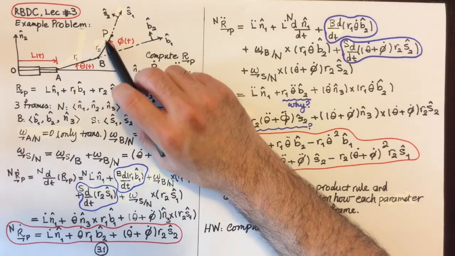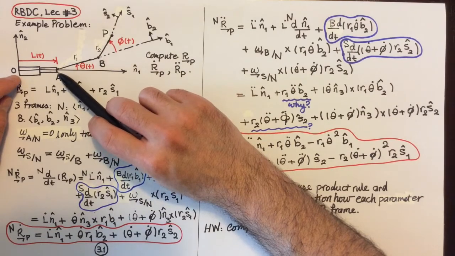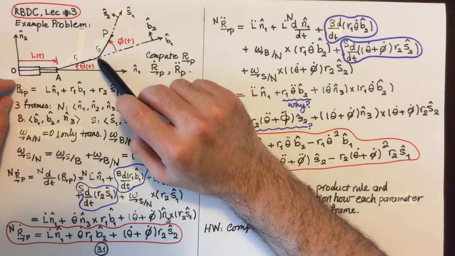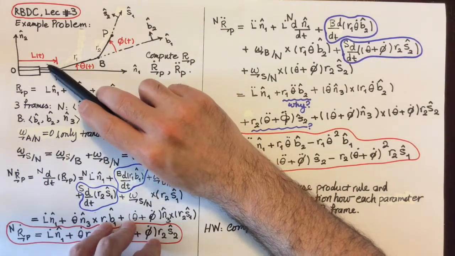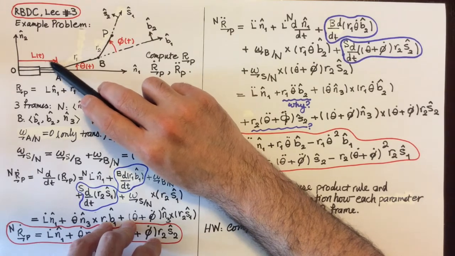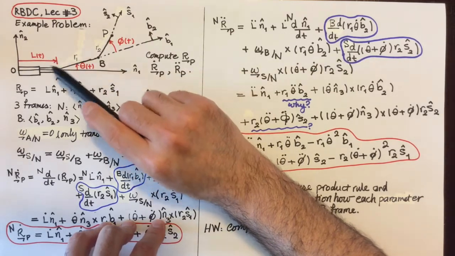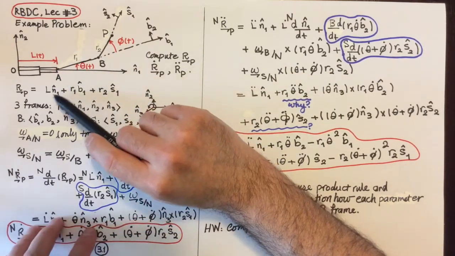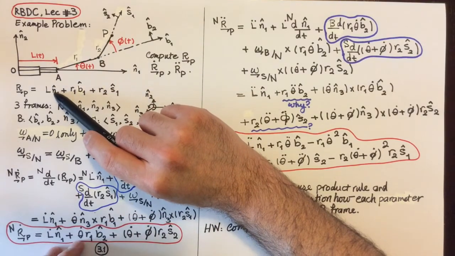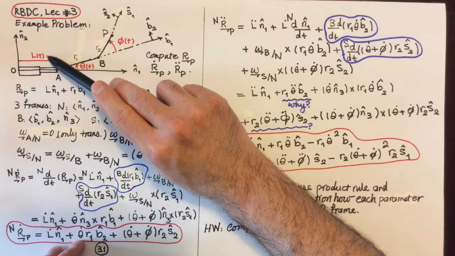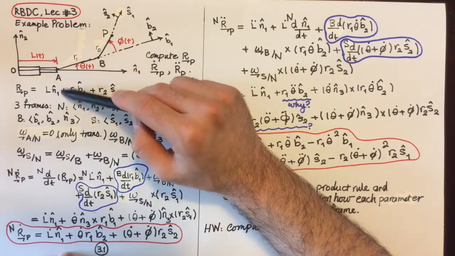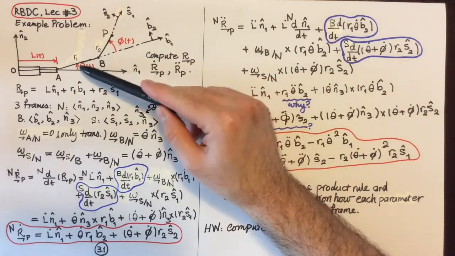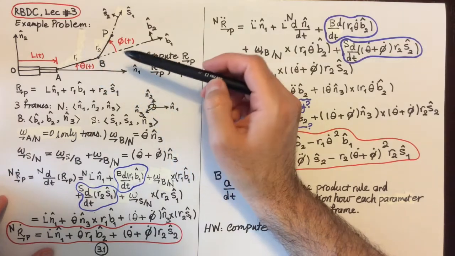The position vector of P is the position vector of A plus the position vector of B with respect to A plus the position vector of P with respect to B. For A, I have this L, which varies with time, but A remains on this N1 hat axis. So L N1 hat, so I'm dropping time, but otherwise L varies with time. So L N1 hat plus R1 B1 hat.